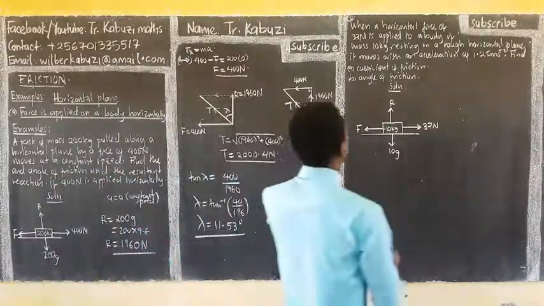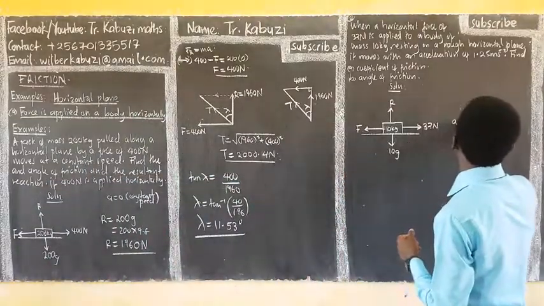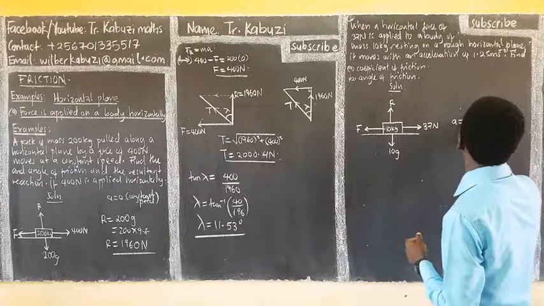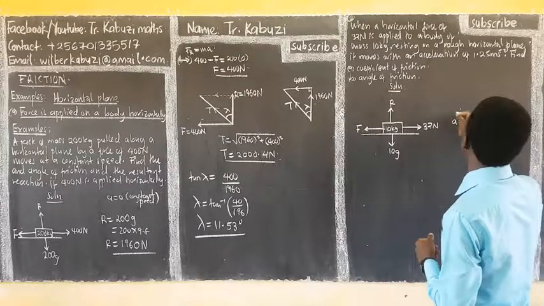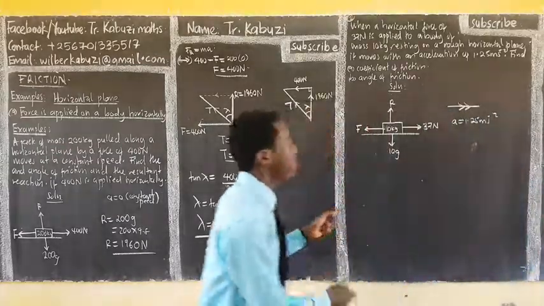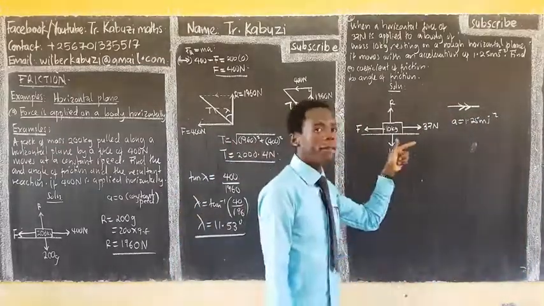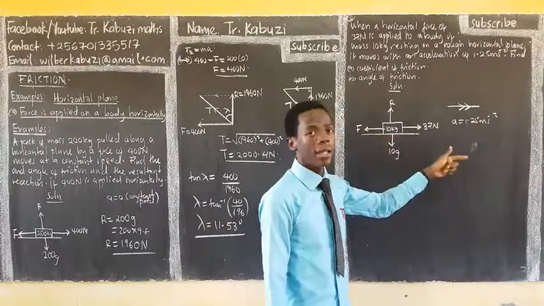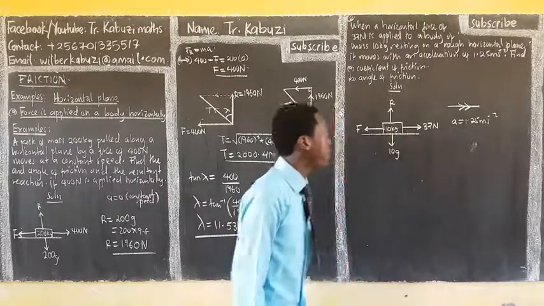They are giving us acceleration as 1.25 meters per second squared. The acceleration is going to be in that direction there, because the force is pulling, so we say the acceleration is in the same direction as the force.